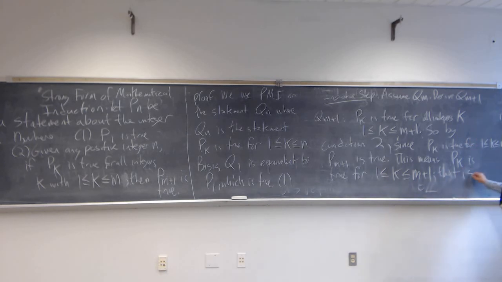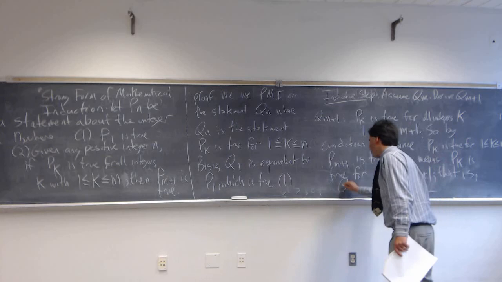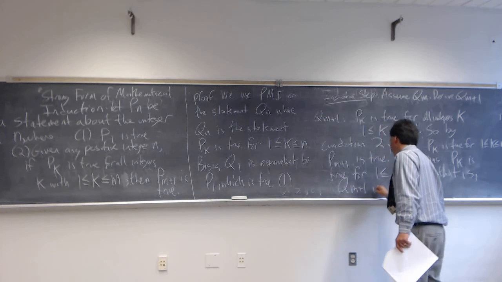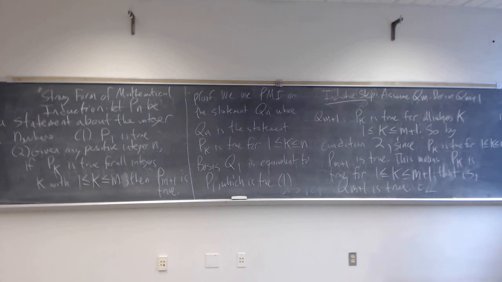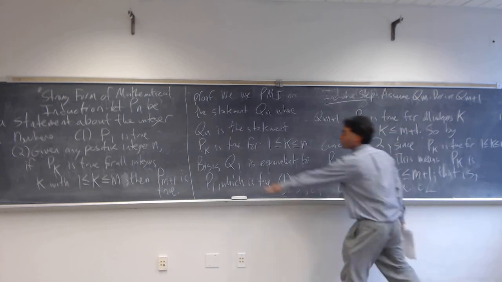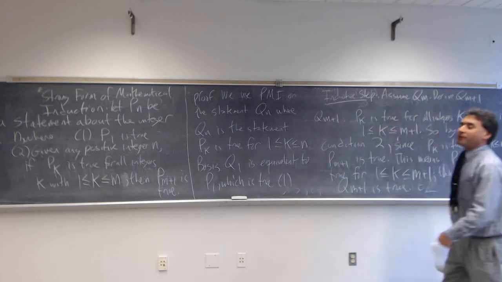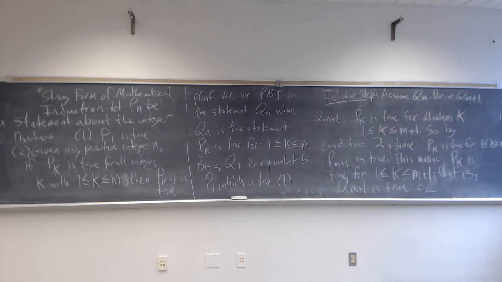But that statement is exactly Qm plus 1. So that completes the inductive step, right? Using the assumption that Qm is true, we're able to prove that Qm plus 1 is true. Since we also proved Q1 is true, by the ordinary principle of mathematical induction, we get Qn is true for all integers n.